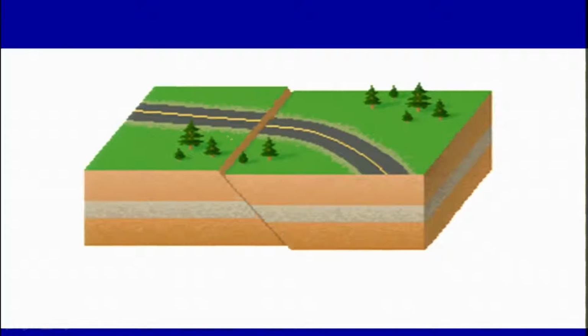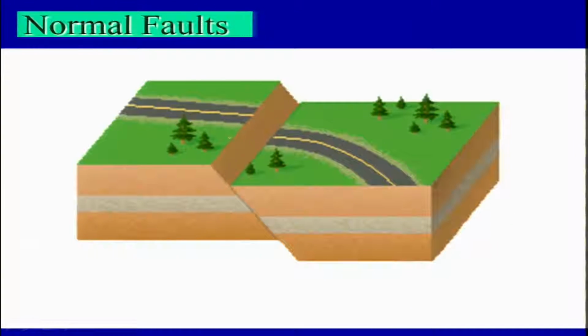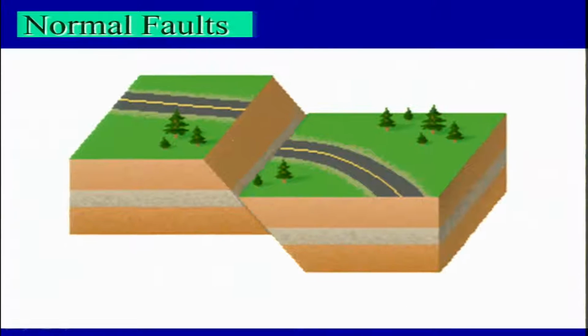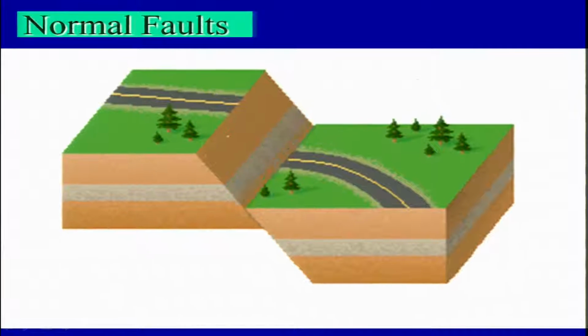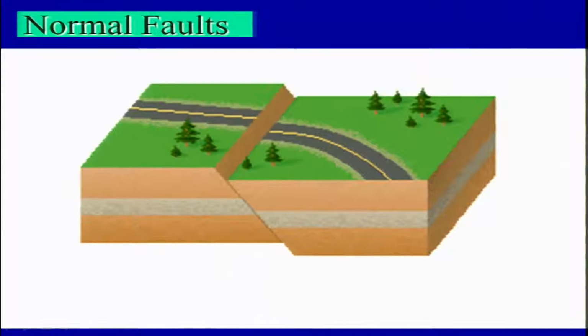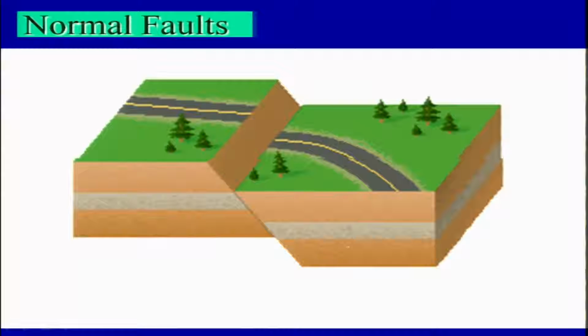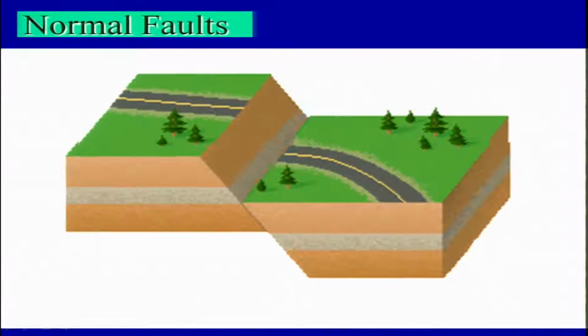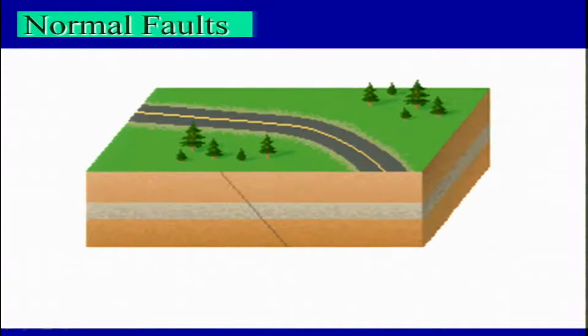Now coming to another type of fault, that is a normal fault, okay. So in a normal fault, what will happen, the hanging wall will move down, whereas this wall, that is the foot wall, will remain stationary.